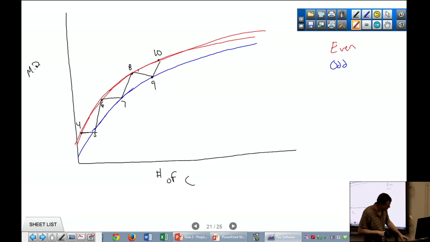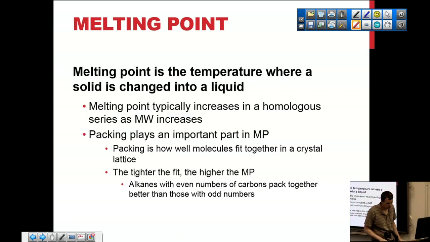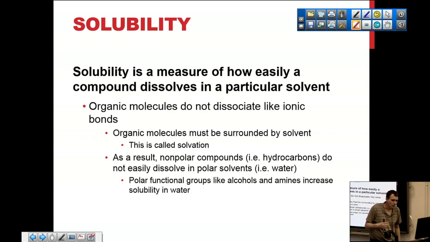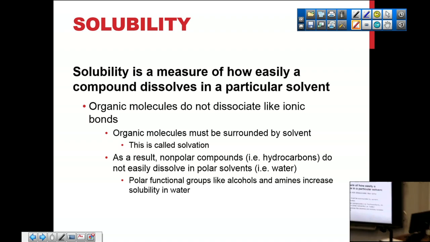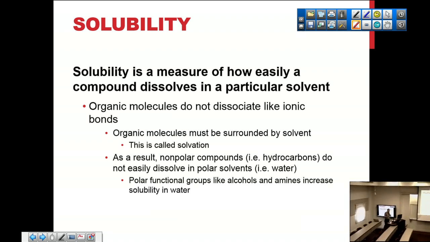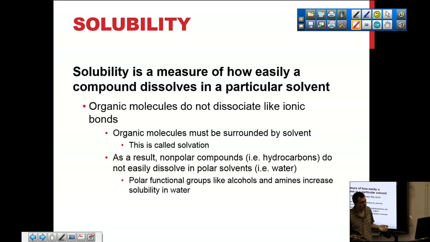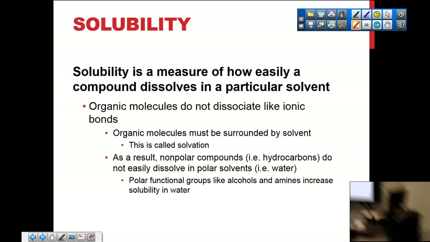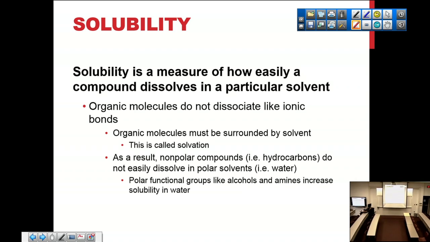Right? Solubility. Solubility is a measure of how well a compound dissolves in a particular solvent. Right? So, when you were in Gen Chem and we talked about solubility, we talked about things going into solution and dissolving. That is the exact same thing that we're talking about here.